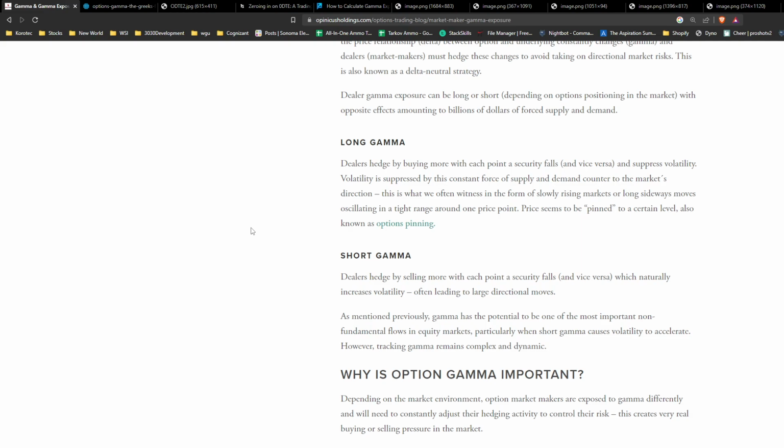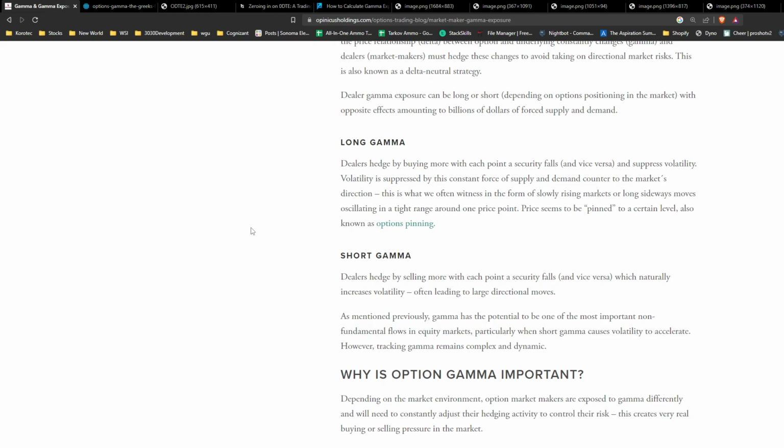When I talk about it in the chat or throughout this video, I'm always going to refer to long gamma as positive gamma and short gamma as negative gamma, because I don't want to mix the terms of long and short into the gamma, because that's not what we're actually doing. So let's get into long gamma, or positive gamma in this case.